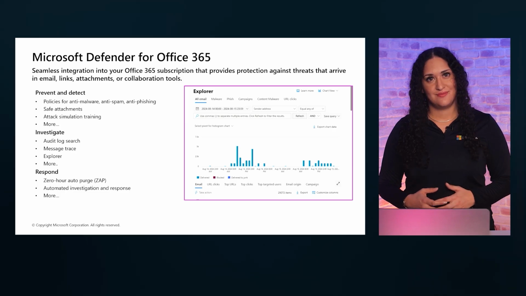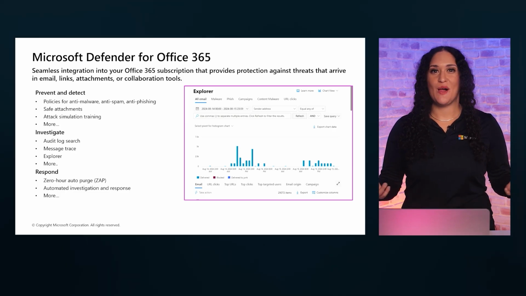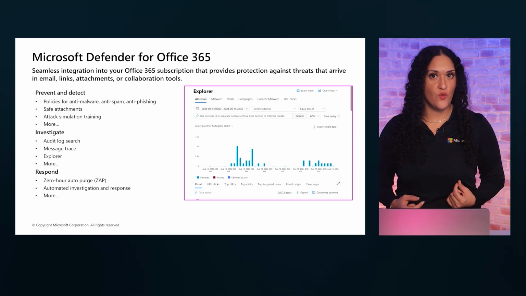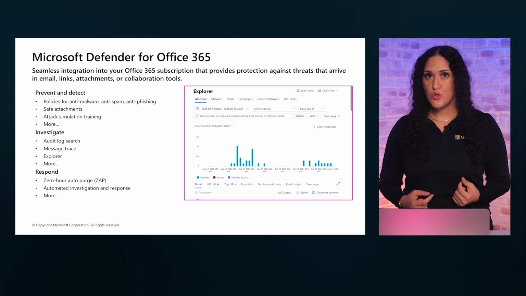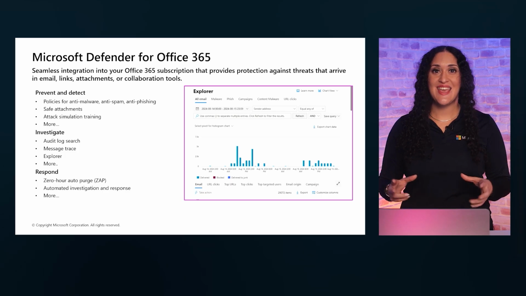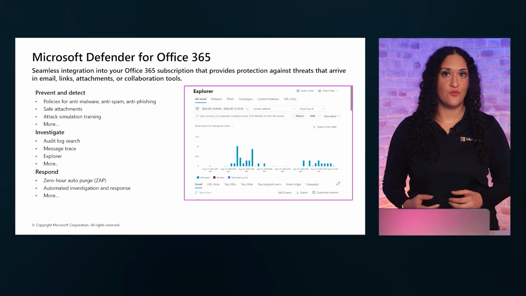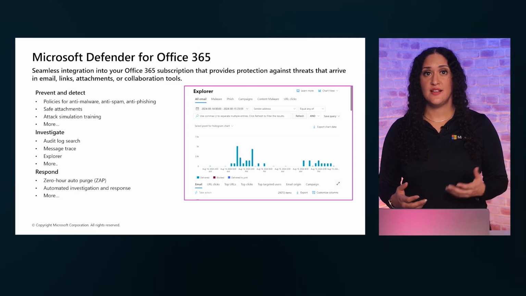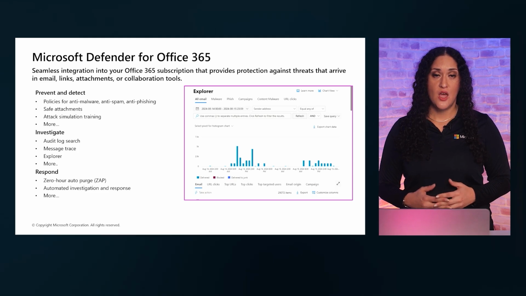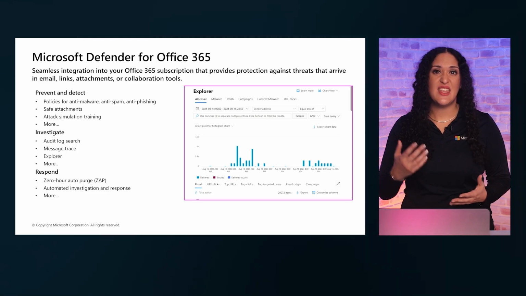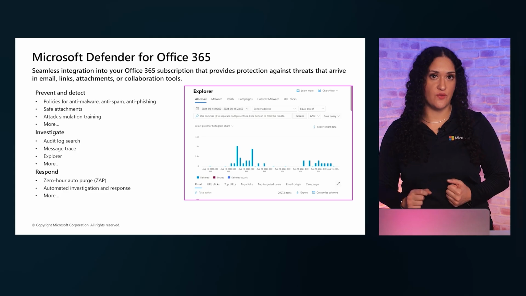Let's see an example. An employee again receives an email with a seemingly legitimate invoice attached. Microsoft Defender for Office 365 scans the attachment using safe attachments and detonates it in a virtual environment. The file is identified as malicious before the user even opens it. So for prevent and detect, the email is blocked and quarantined before delivery.